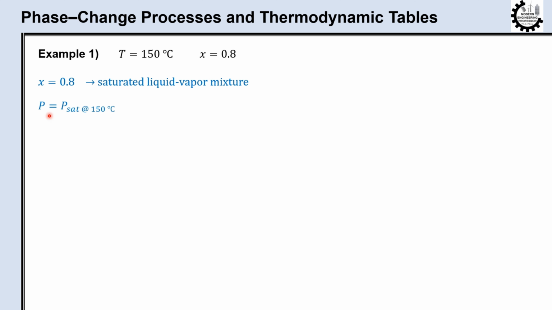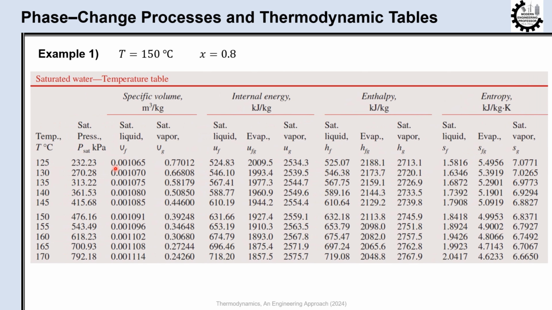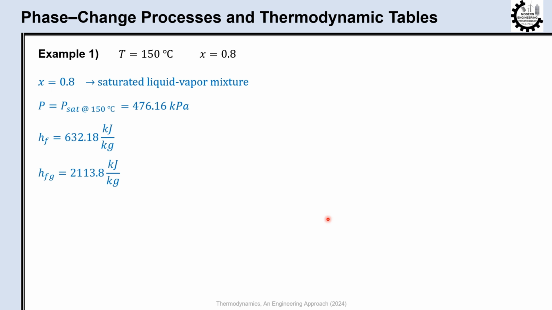Using the temperature table for saturated water, we find the saturation pressure to be 476.16 kilopascals. Using the same table, we can read the enthalpy for saturated liquid, hf, and the liquid-vapor difference, hfg, at this temperature. Using these values and the quality, we can calculate the enthalpy from its corresponding equation.